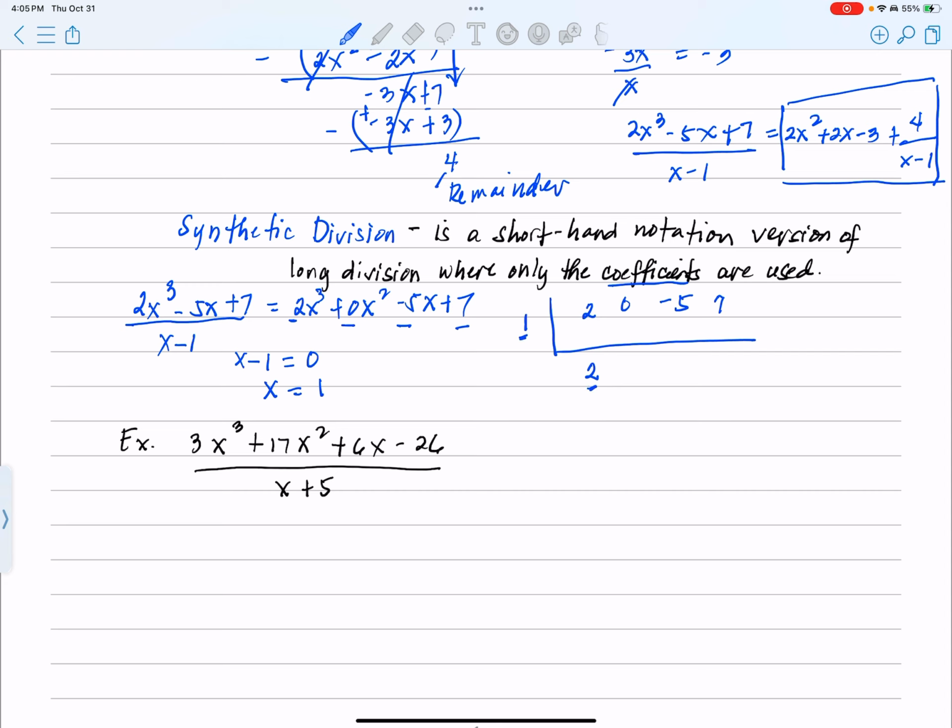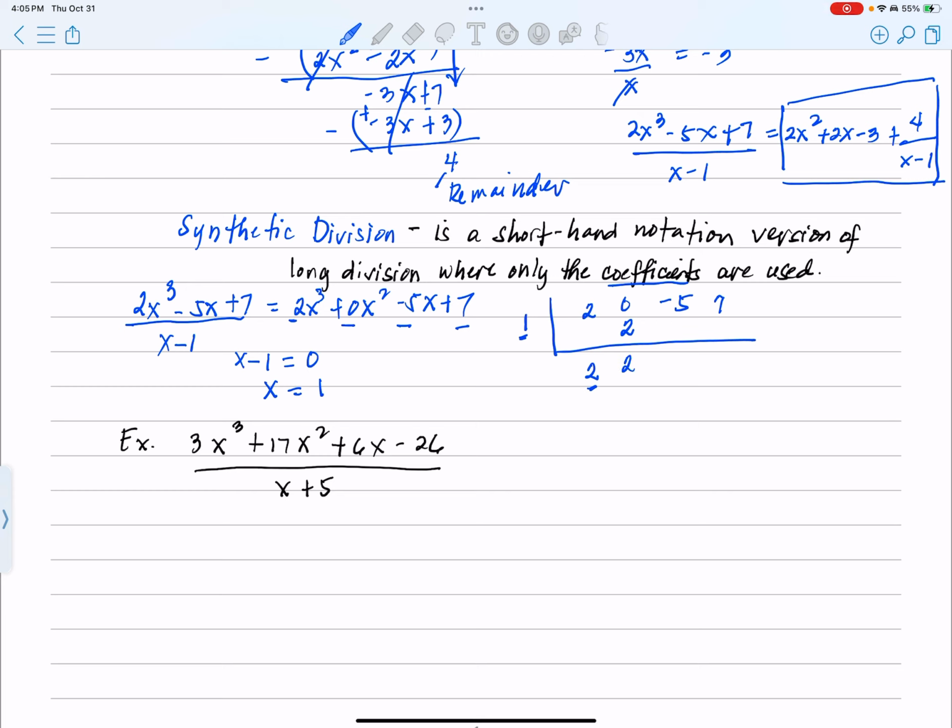So 2 times 1, that is 2. And write the result under the second coefficient. What is our second coefficient? It's 0. So I will write the result here. Okay? Then add the numbers in the second column. 0 plus 2, it's 2.